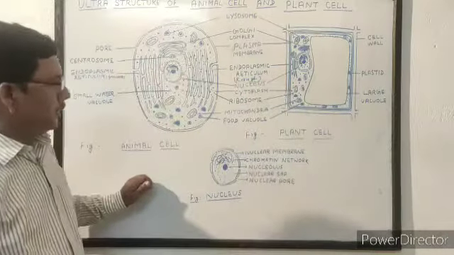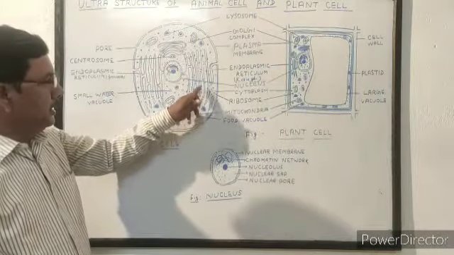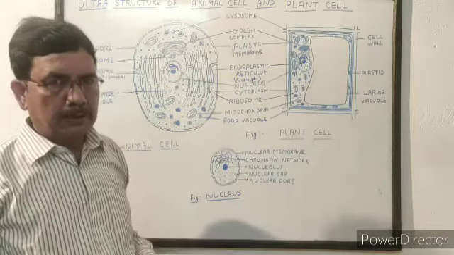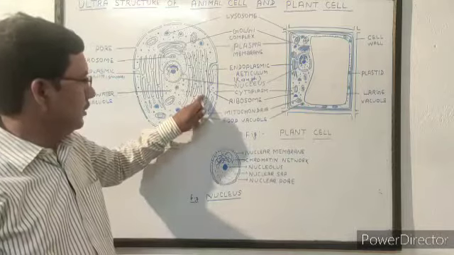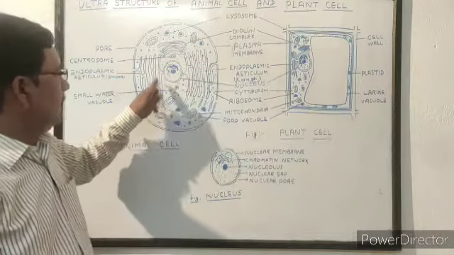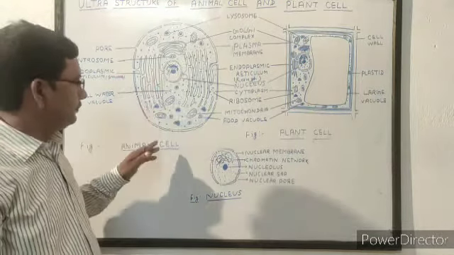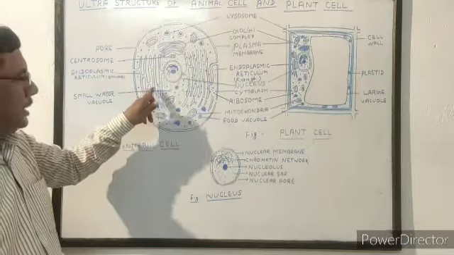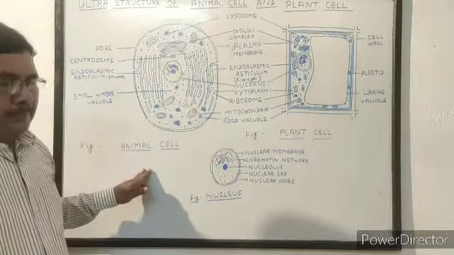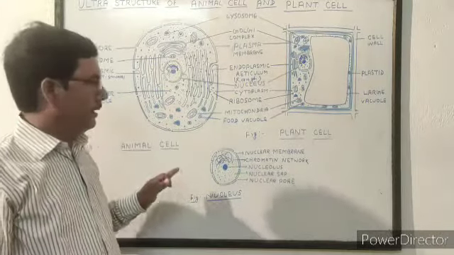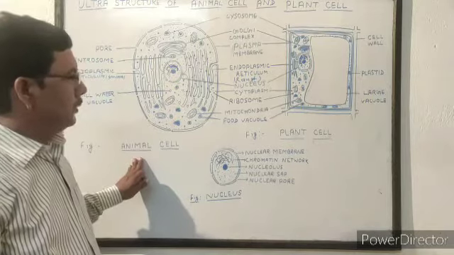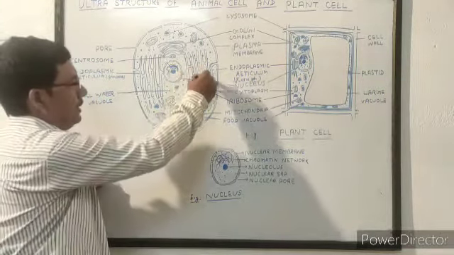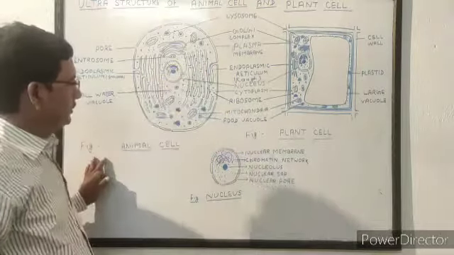The endoplasmic reticulum, onto surface of which ribosomal particles present, are called rough endoplasmic reticulum, while the endoplasmic reticulum in which the ribosomal particles are absent are called a smooth endoplasmic reticulum. Endoplasmic reticulum is mainly concerned with intercellular transport of liquid substance.